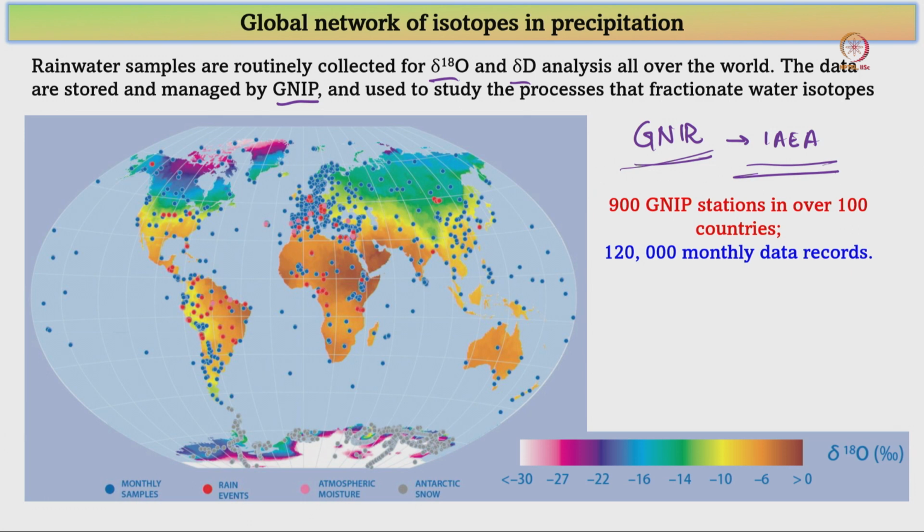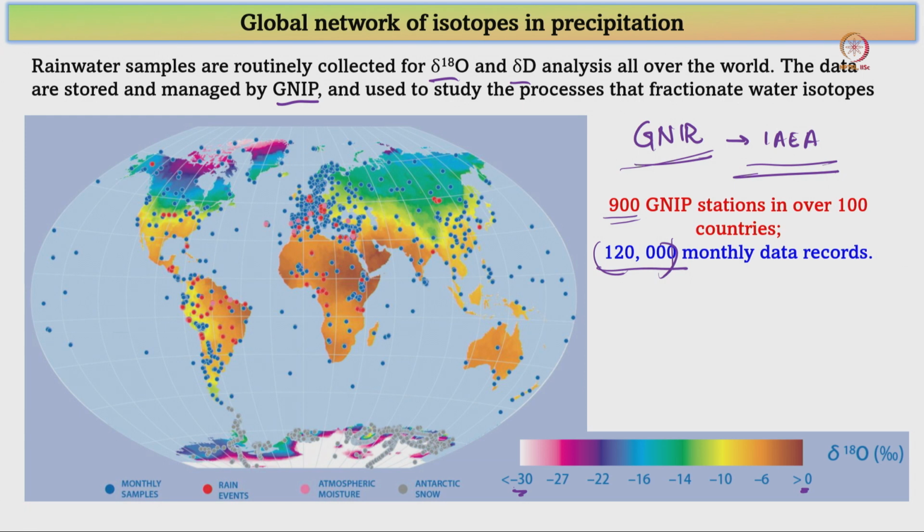And as you can see, there were 900 GNIP stations in more than 100 countries, and the amount of data is very high at a monthly scale. This is just in 1 month. The color shows the variation from positive to very negative values.